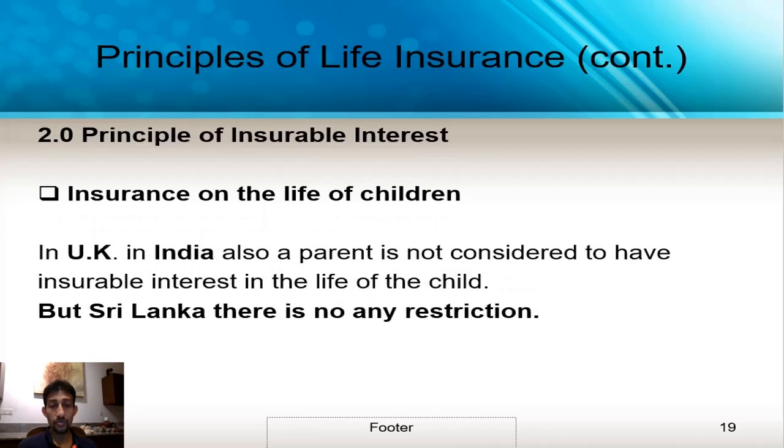However, when it comes to insurance on the life of children, there are exceptions, and it varies from country to country. For example, in the UK and India, it is said the parents are not in a position to open insurance policies for their children, and there is no insurable interest in the life of their children. However, this restriction is not there in Sri Lanka.